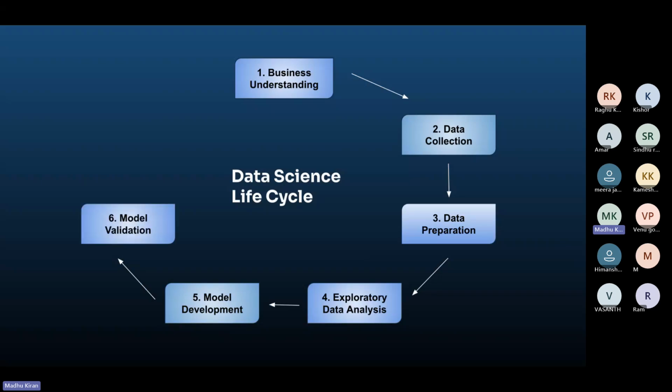After the sixth step, whatever we do here, we do it in some platform, like some IDE. But how do we use it at the production level? Like if someone is applying for a new credit card, whether the approval happens or not, if the code is sitting on our local systems, it doesn't work on the new data.